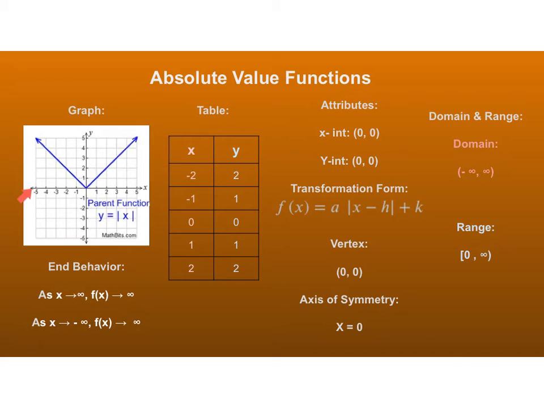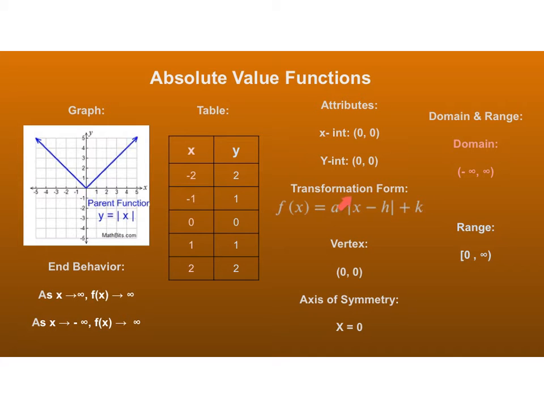So the domain is going to be negative infinity, and it goes forever in the opposite direction, so my domain is negative infinity to infinity. My range: my lowest y value is 0, but my y value is going to go up forever, which means my range is from 0 to infinity.